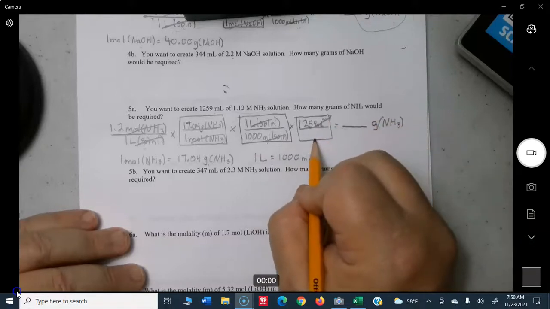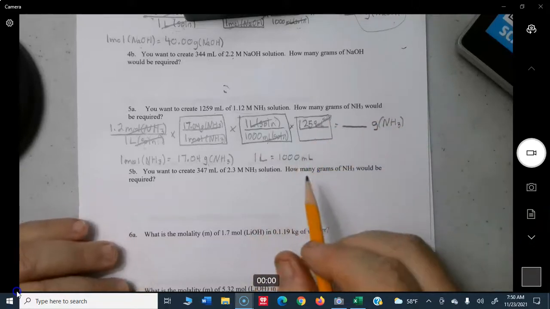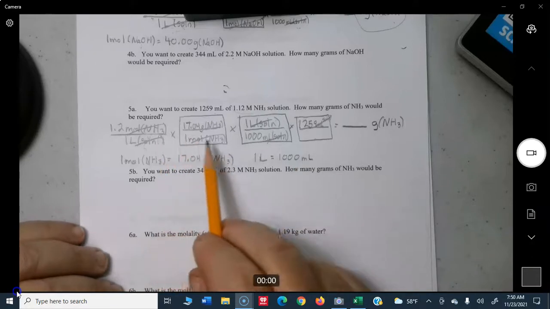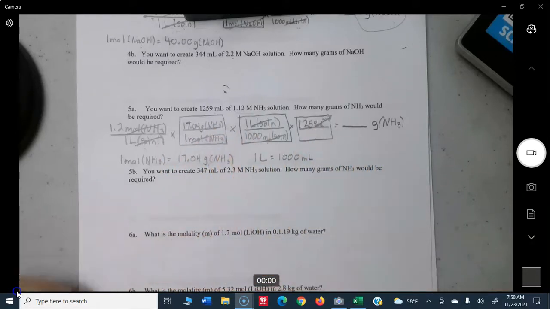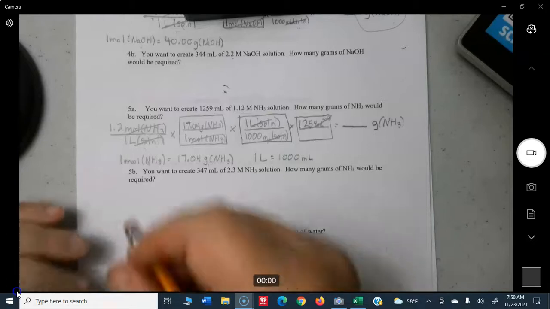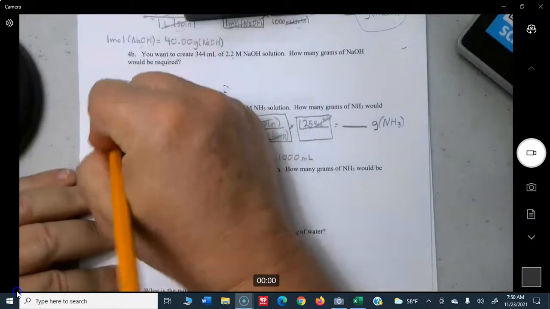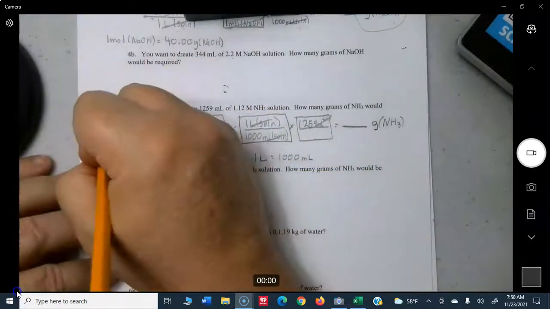You don't have to have anything on the bottom, and we don't want it in this case. So we have no units on the bottom anymore, and we have grams NH3 on the top, so now we multiply. And I see I made an error. It should be 1.12. I'm sure you caught that about 5 minutes ago.